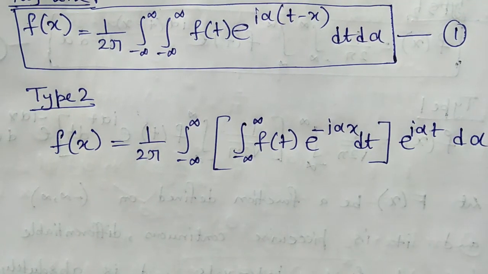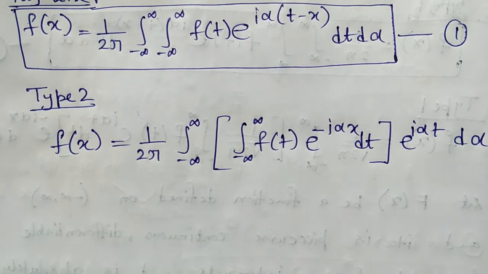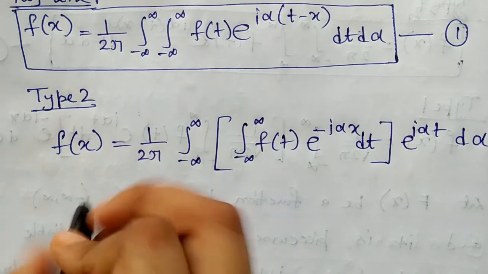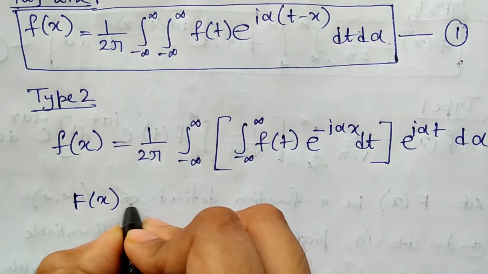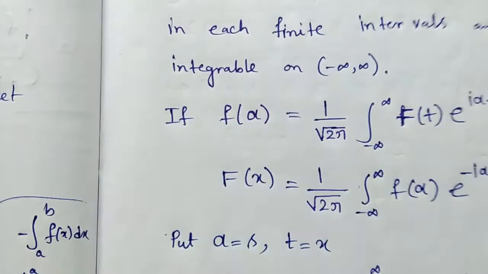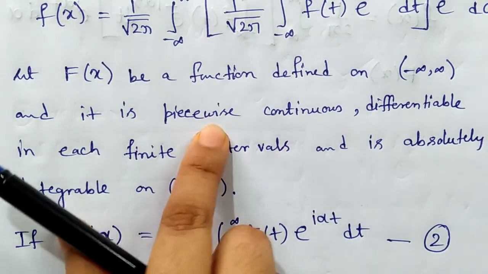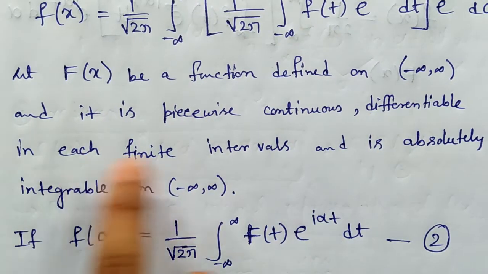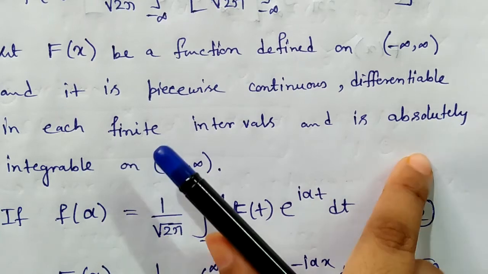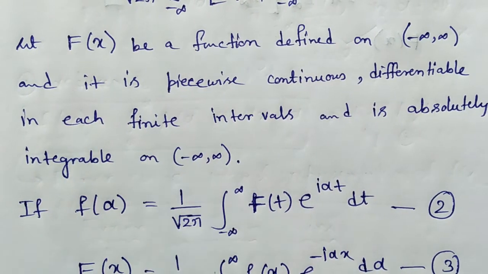Now we can generate another type of formula. Similarly, if capital F(x), our given function, satisfies all these: F(x) is defined on minus infinity to infinity, piecewise continuous, differentiable in its finite interval, and absolutely integrable on this interval.